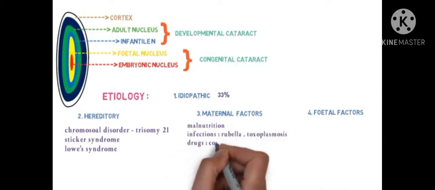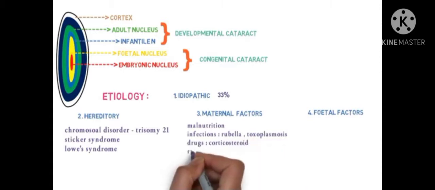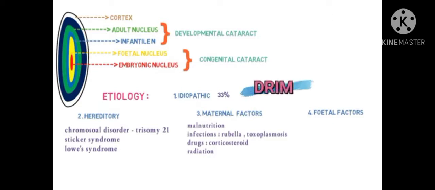By drug ingestion, drugs like corticosteroids can cause developmental or congenital cataract, and it can be due to radiation. We have a simple mnemonic to remember the maternal factors, that is DREAM. D for drug ingestion, R for radiation, I for infections, and M for malnutrition.